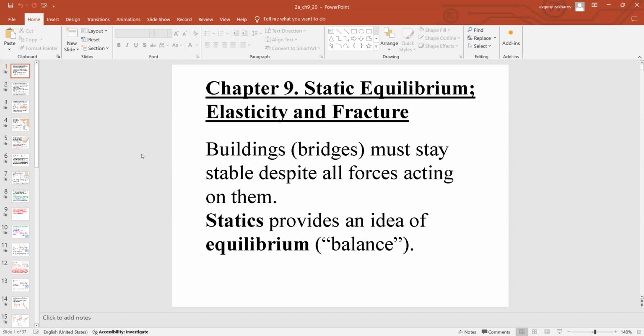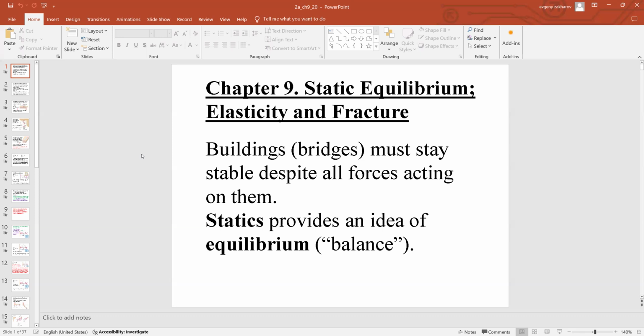practice, and a brief introduction to elasticity, on what you have to do when you just don't have enough information from the balance equations. So the importance, clearly, is that buildings or bridges should be stable no matter what the wind is, no matter what the climate is, no matter what's going on in the environment.